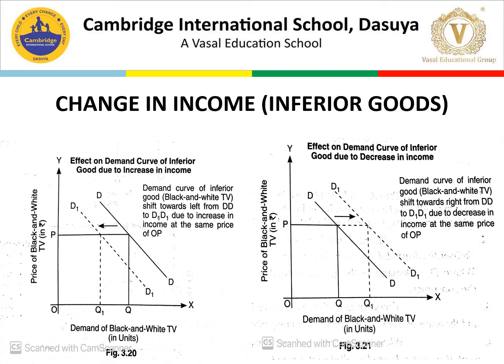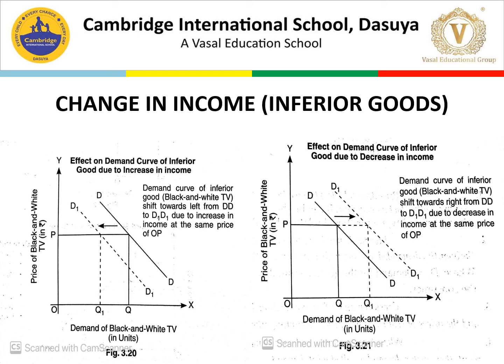When we have a decrease in income, in the case of inferior goods, it will shift to the rightward side. This is what they are explaining.